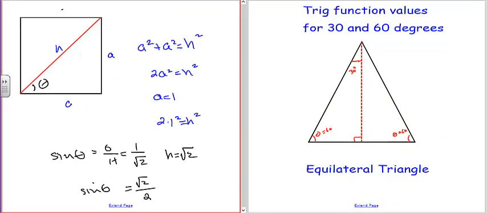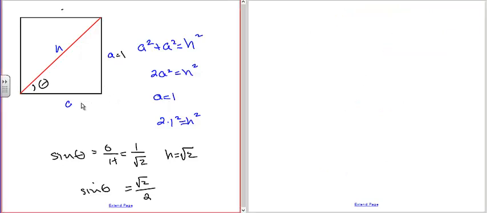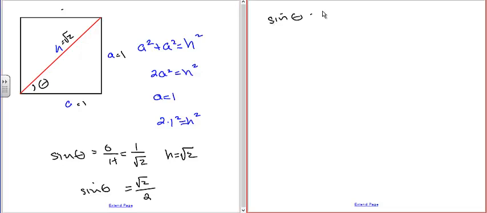So what are all the trig functions? Once you set this up, if these are equal to 1 and this equals the square root of 2, we just said the sine of theta equals the square root of 2 over 2. The cosine of theta is also equal to the square root of 2 over 2.